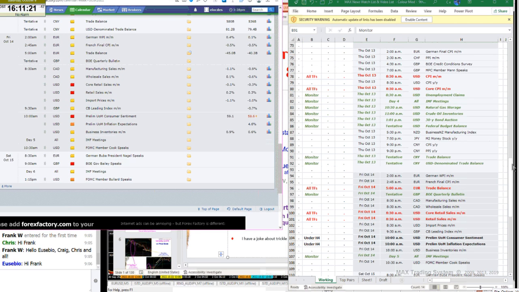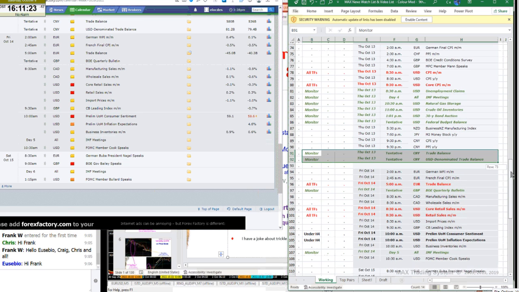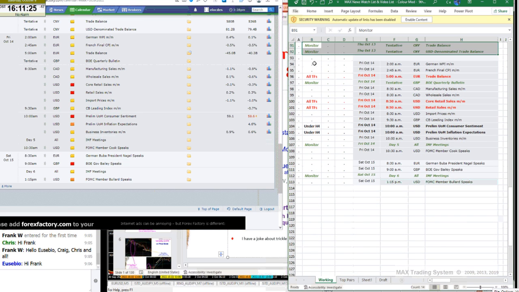And on Friday, we have the Euro trade balance, all time frames. I will monitor the GBP Bank of England quarterly bulletin. We have the CAD manufacturing sales month-over-month under H4 and wholesale sales month-over-month under H4.